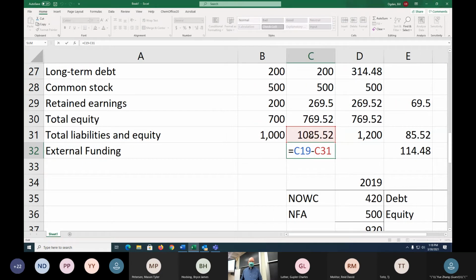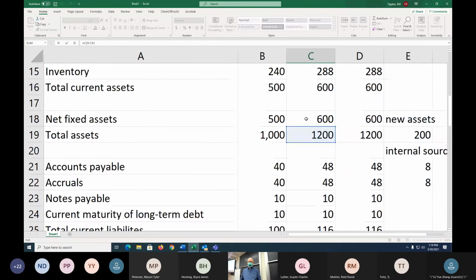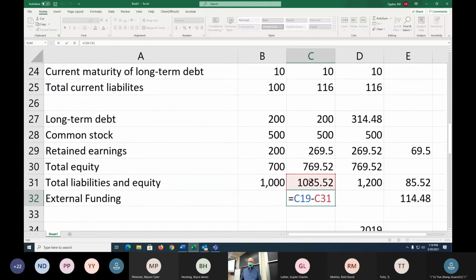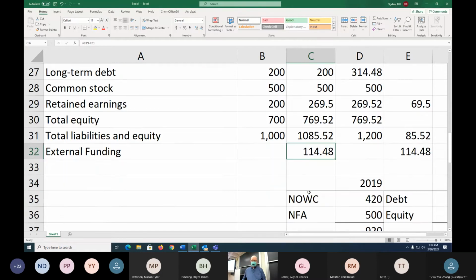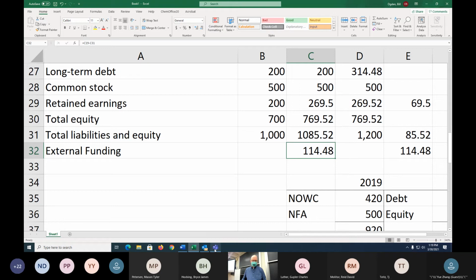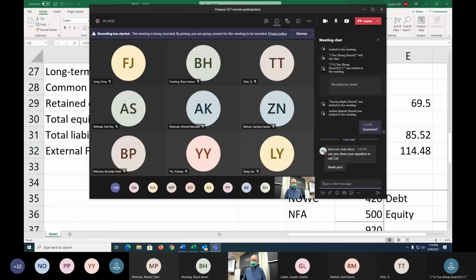That would be the difference between the new value of the total assets subtracting the new value of the capital. That was my first appearance of the 114.48 number. All right, very good. Anything else?